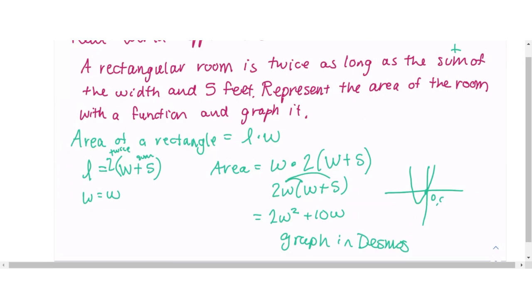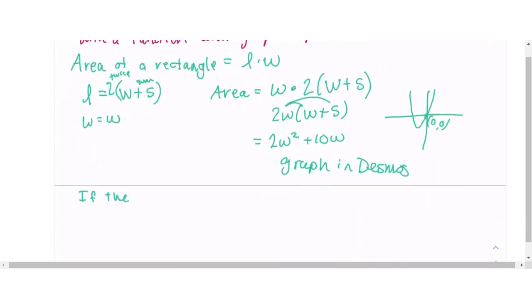That was 0, 0. So maybe it could ask, like, what is the area if the width was 10 feet? So if the width was 10 feet, if w equaled 10, then the area equals, and you can do this in the graph, or you can write this, 2 times 10 squared plus 10 times 10.